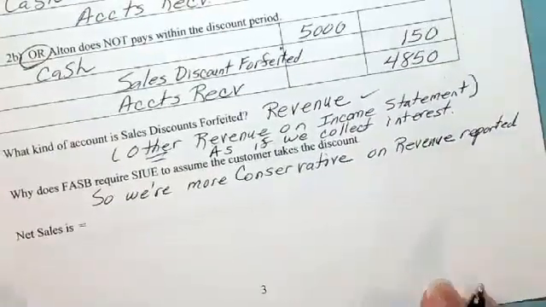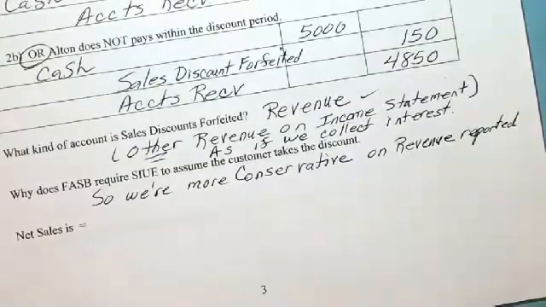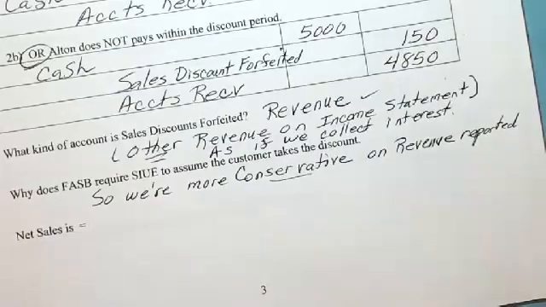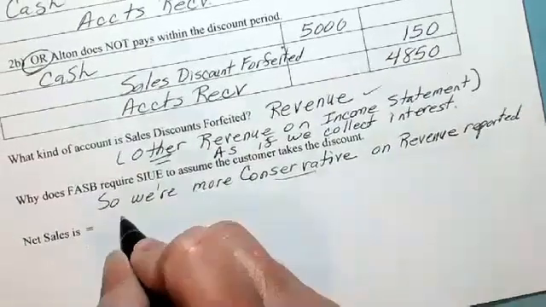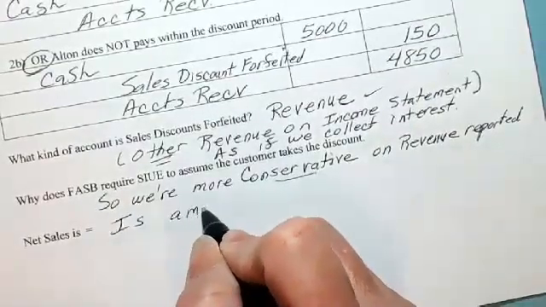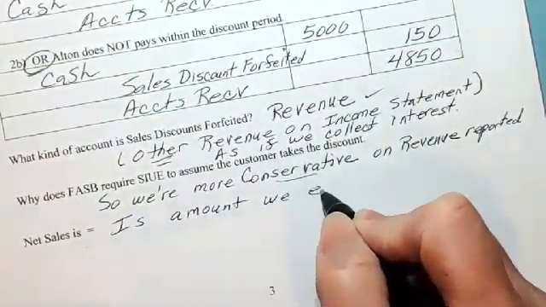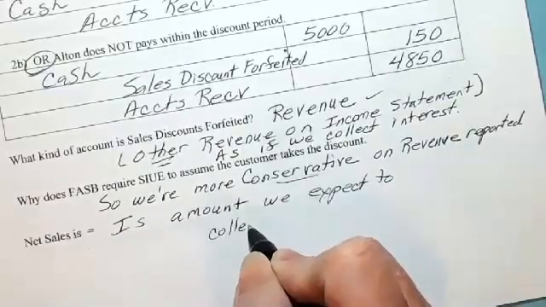Whenever you see one of those rules, it's because somebody pushed the limits and was booking revenue while giving huge discounts for paying within 6 months. You still had that huge discount, and so their revenue for the period wasn't even close to being right. We don't want our revenues to be overstated. Net sales is the amount we expect to collect from our customers.